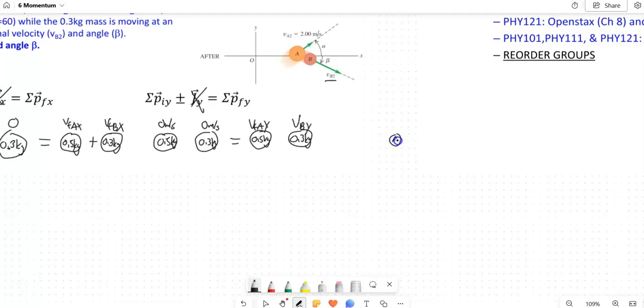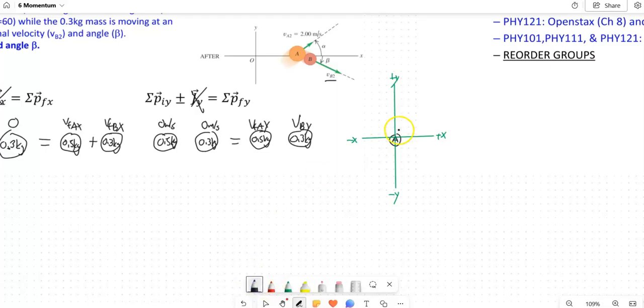This is mass A after the collision, with positive X, positive Y, negative X, negative Y axes.